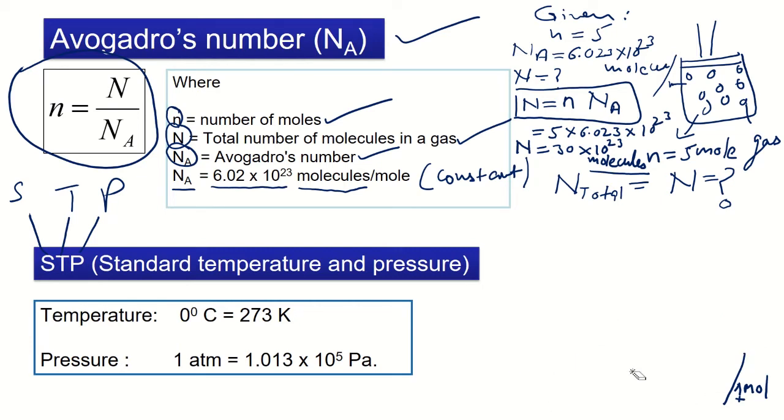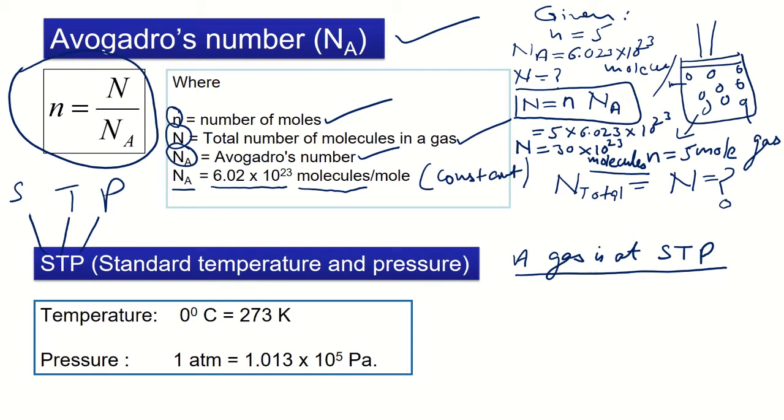Actually, when we say the gas is at STP, it means there are some default values of some parameters.